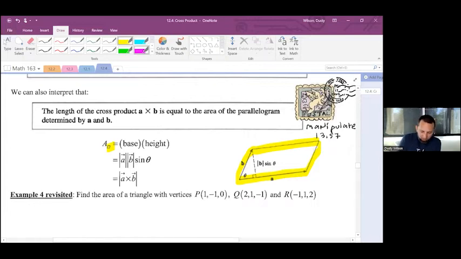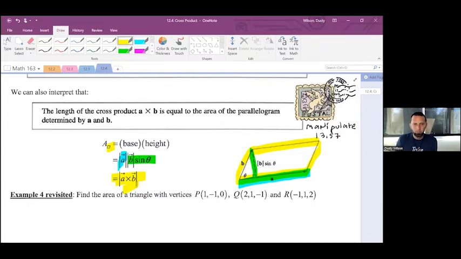So its base is that A length, and then the height is the magnitude of B times sine theta. So the area of the parallelogram would be equal to the magnitude of that cross product vector, just like we saw in the previous animation. Let's look at another animation that shows us a similar idea.